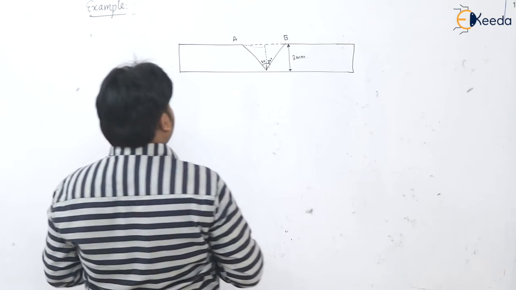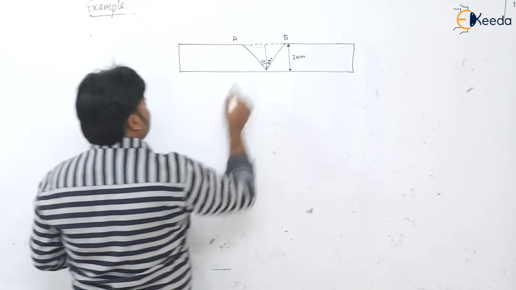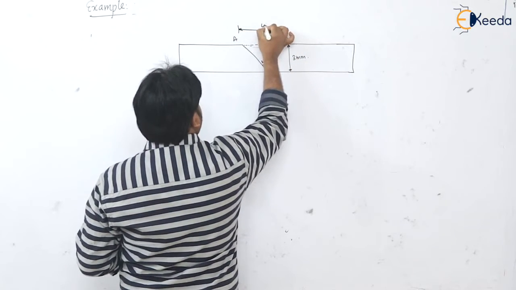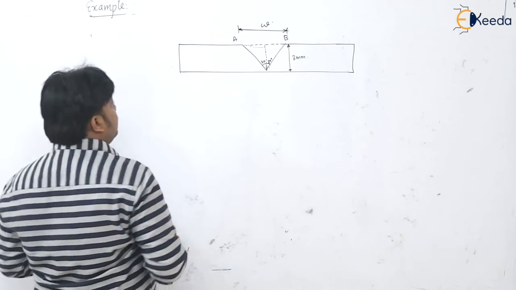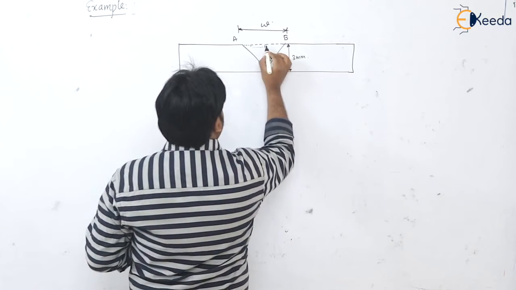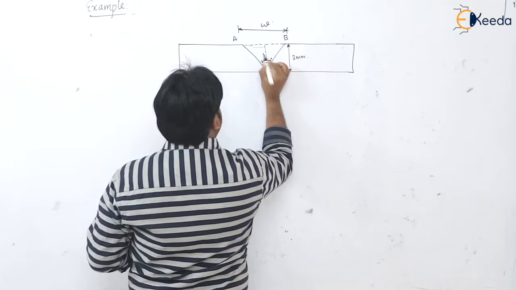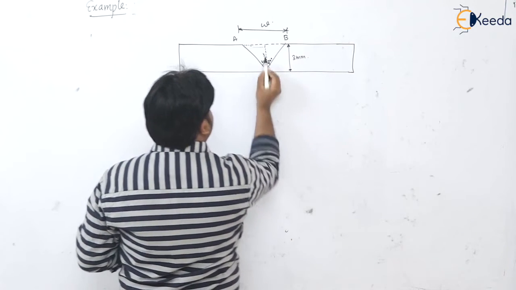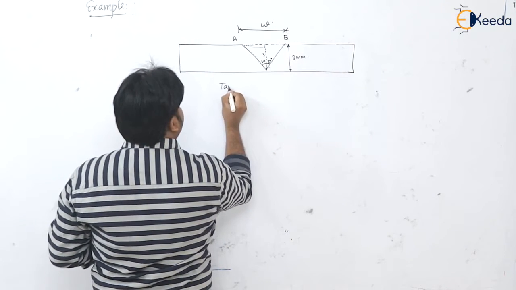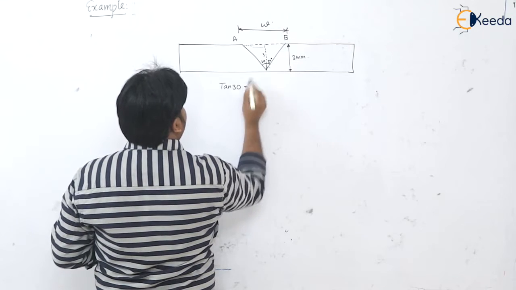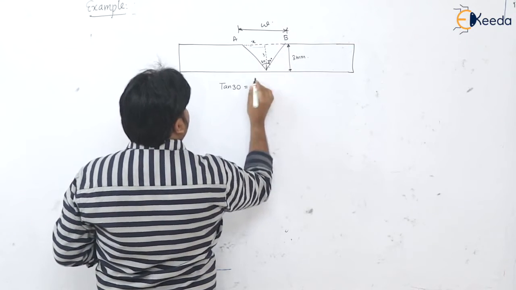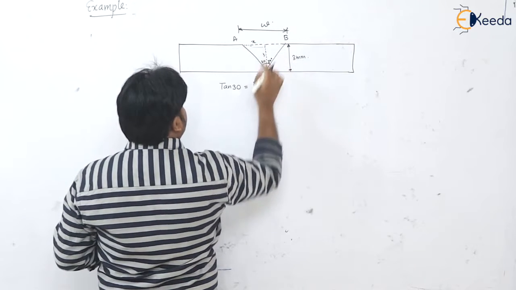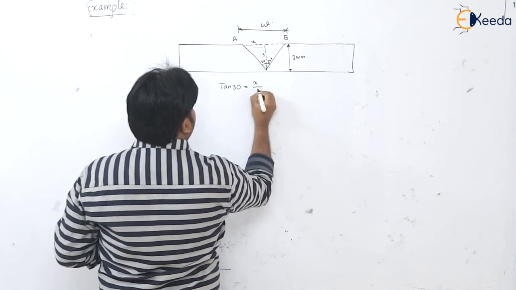Now we have to calculate the width of the weld, isn't it? For that, we have this as 3 millimeter, and this angle is 30 degrees. So tan 30 is equal to, say this is X, opposite side divided by adjacent side, so divided by 3.